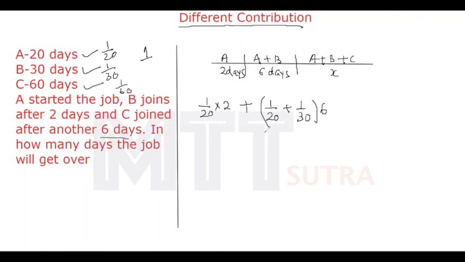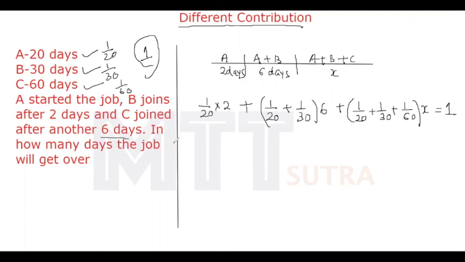That is 6 days. So this is the total amount of work done in this second stretch, plus all are working. After that, 1 by 20 plus 1 by 30 plus 1 by 60, and let's say they do the work for X days and finish the job. Total amount of work is always 1, so I can equate it to 1.